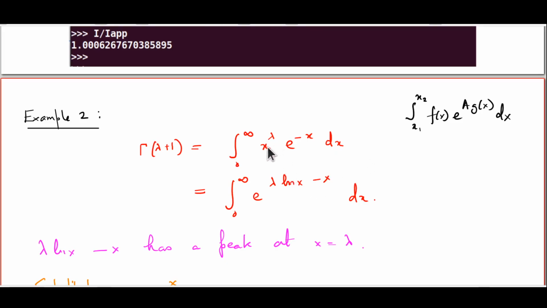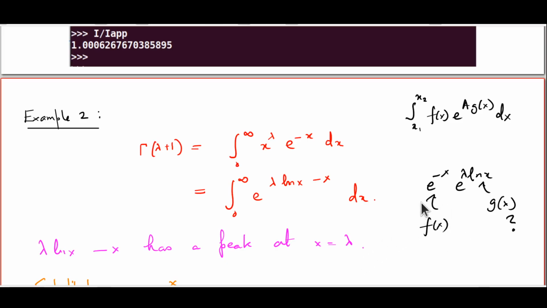Well, we can of course rewrite it in this simple form where the lambda does go into the exponent. So you have lambda log x minus x. Now this can be recast in this form simply by writing it as e to the minus x times e to the lambda log x, where we might attempt to use log x as g and e to the minus x as f of x.